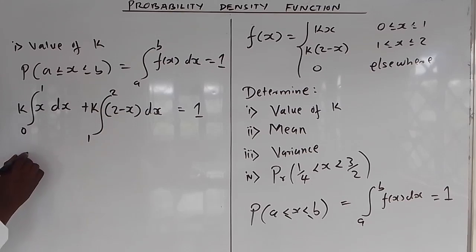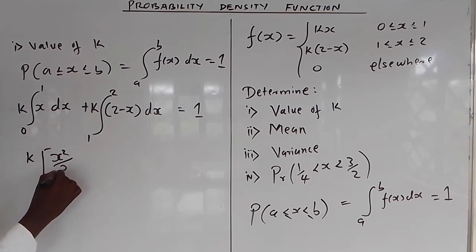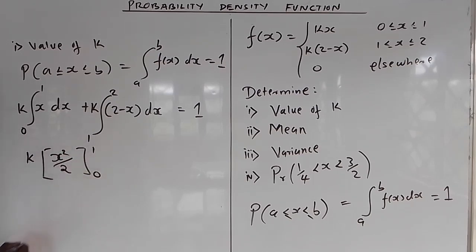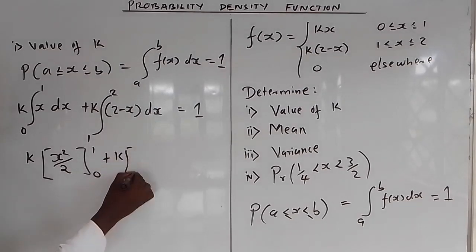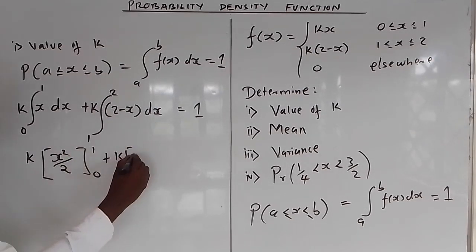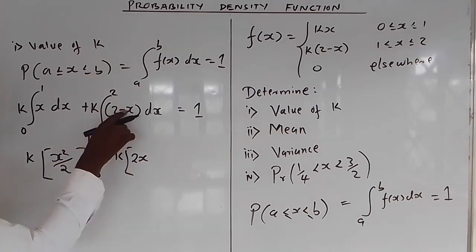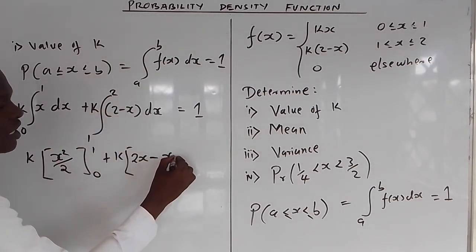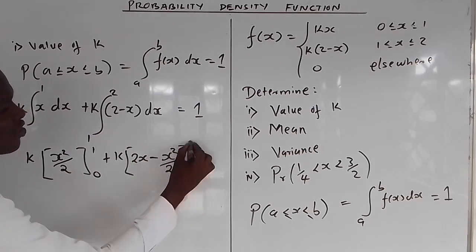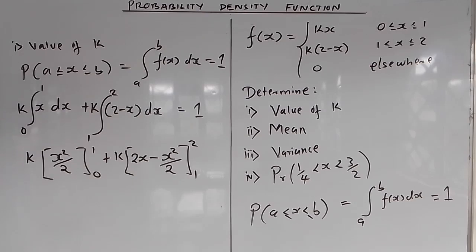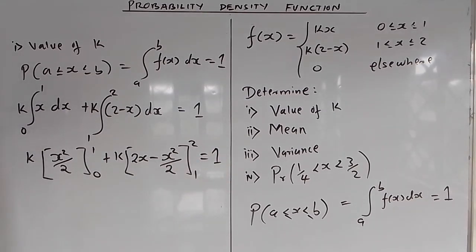Start with the first part: when you integrate x, you get x squared over 2, with limits 0 to 1. Then plus k times the integral of 2 minus x: integrating 2 gives 2x, and integrating x gives x squared over 2, with limits 1 to 2. The whole of this equals 1.